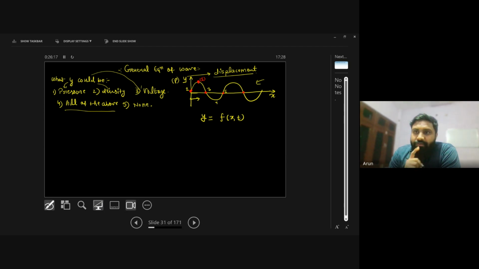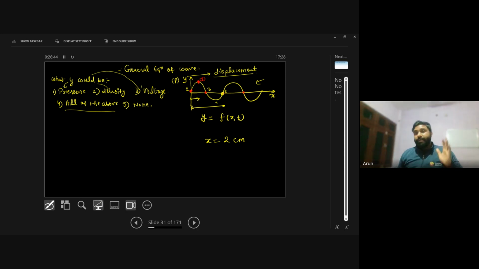So the first question will be: for which particle do we have to write the equation? Let's say that particle is particle number 5. So first we will reach particle 5. A particular position is given to you, that particle is at x equals 2 centimeter, for example. So whatever particle is present at x equals 2 centimeter, you will focus on that particle only.